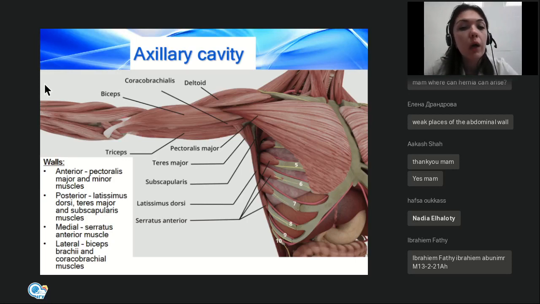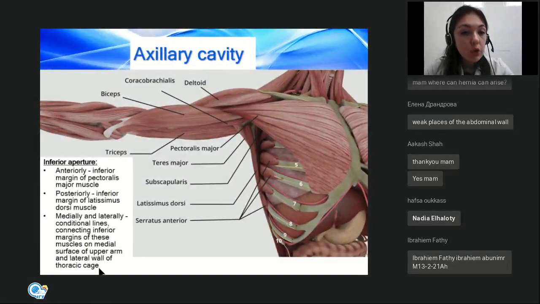The anterior wall is formed by the pectoralis major and pectoralis minor muscles. The pectoralis minor is not visible in this diagram; it is covered by the pectoralis major. Posteriorly, it is the latissimus dorsi muscle, teres major, and subscapularis muscle. Medially, it is the serratus anterior muscle. And laterally, it is the biceps brachii and coracobrachialis muscle.